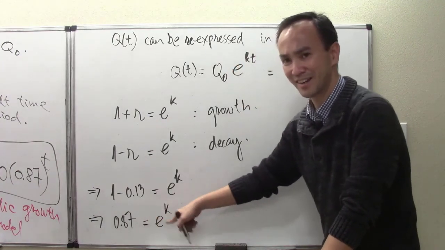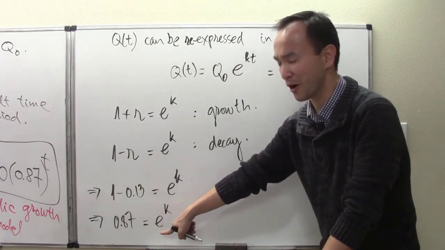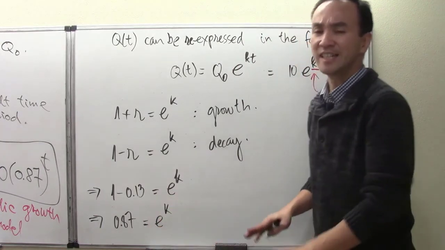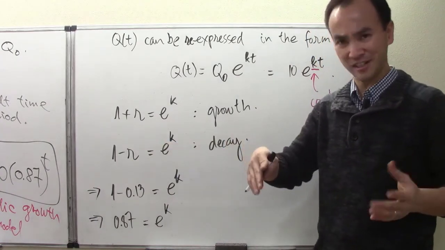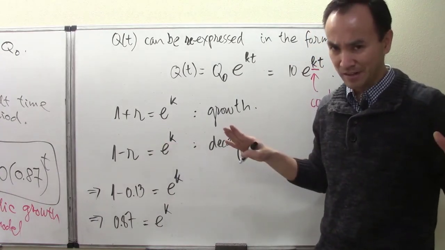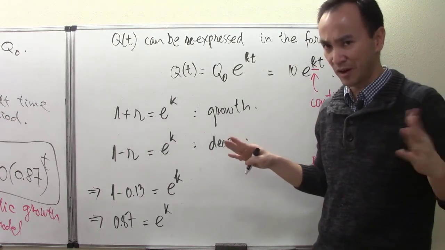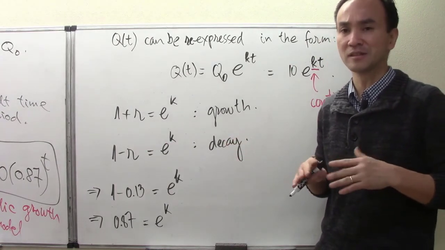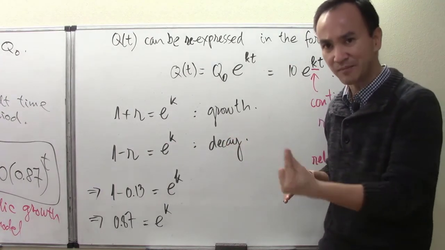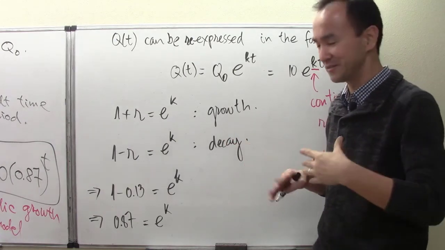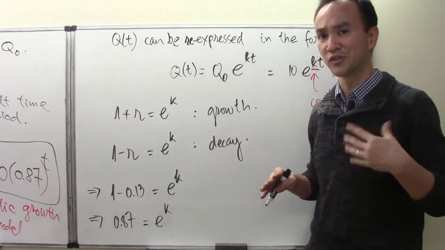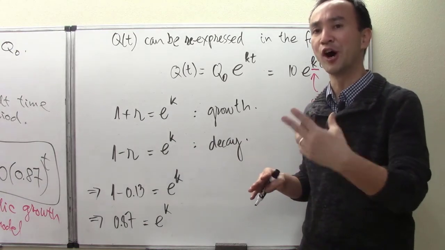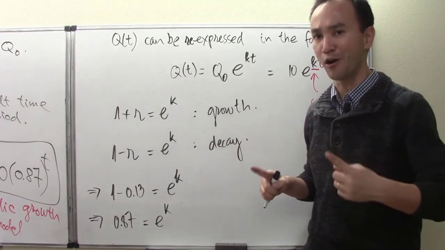I keep repeating that a few times because I want to emphasize again that we keep looking for applications of logarithms somewhere here and there. The whole time, this lecture is about first pointing out the existence of exponential functions, and eventually you should be able to derive your own exponential function that models your problem.